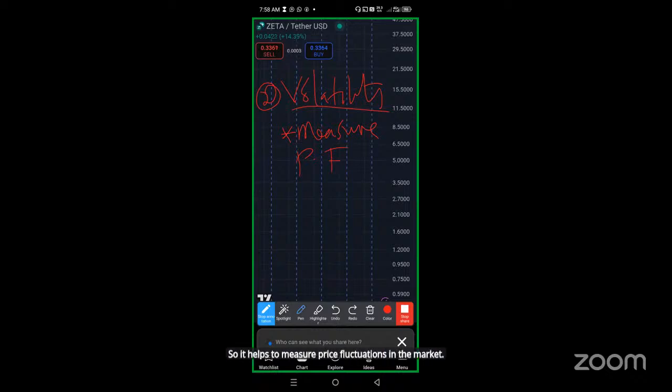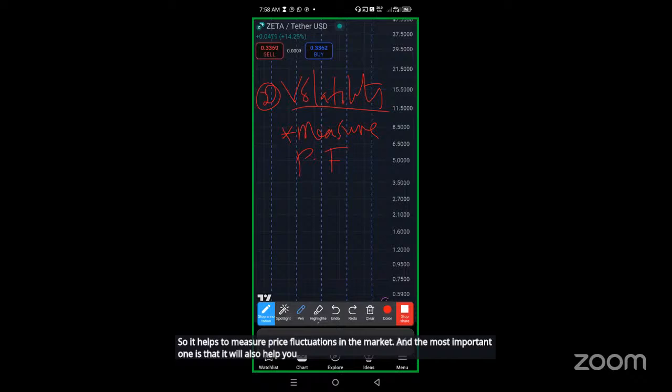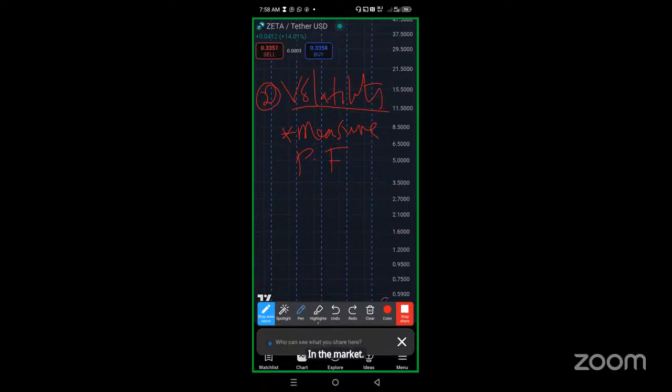And the most important one is that it will also help you identify some of the potential breakouts in the market, those potential breakout opportunities that may present themselves in the market.